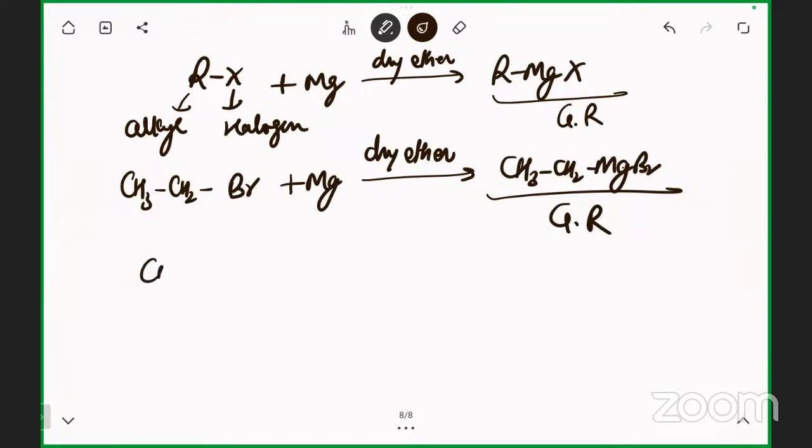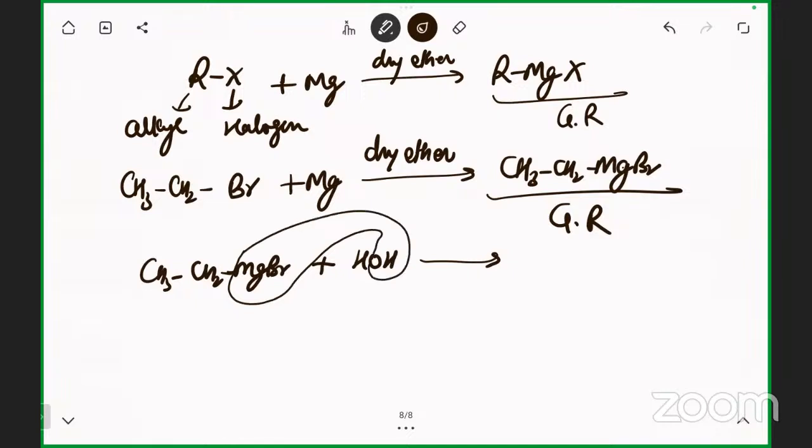Now when this Grignard reagent reacts with water, what will happen? This MgBr reacts with OH and it eliminates Mg(OH)Br and forms CH3-CH3, which is called ethane.